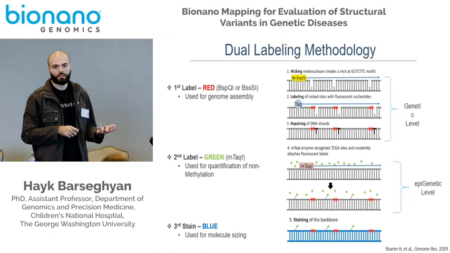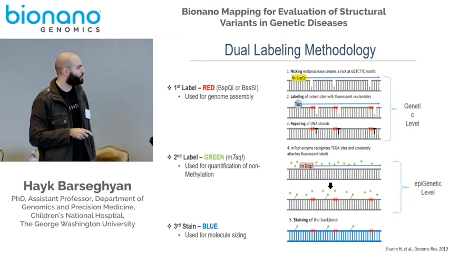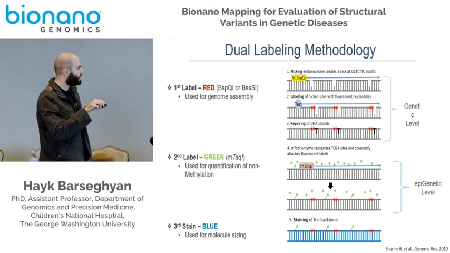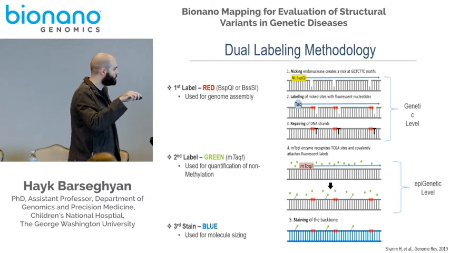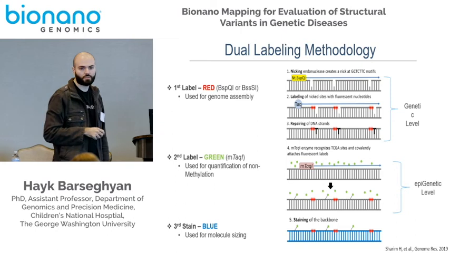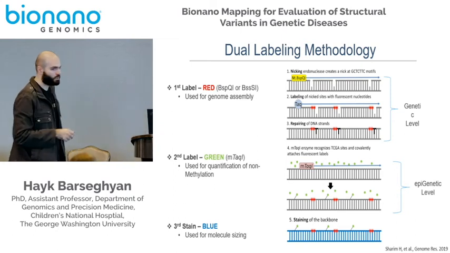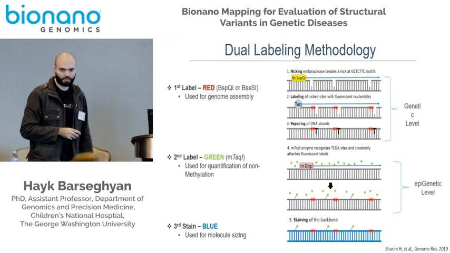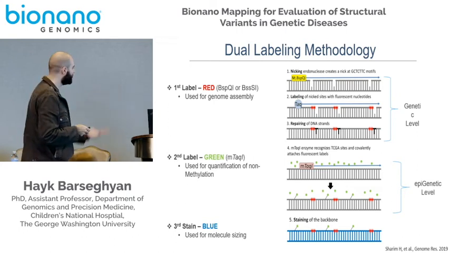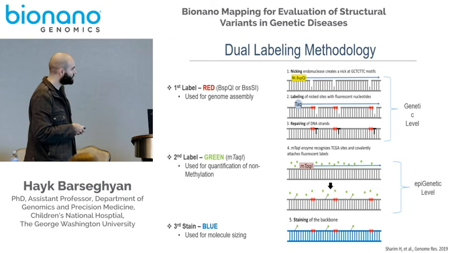Whenever there is a methylation on the C, no green label is added, and whenever the C is not methylated, we add a green label. So at the end we have two levels. One is for the genomic level for genome assembly, and the second one is green for the methylation quantification, and then the DNA backbone is labeled with blue stain as a regular procedure.